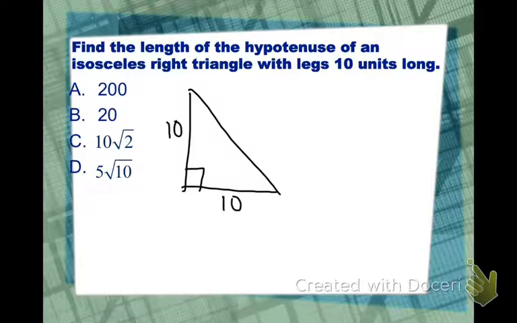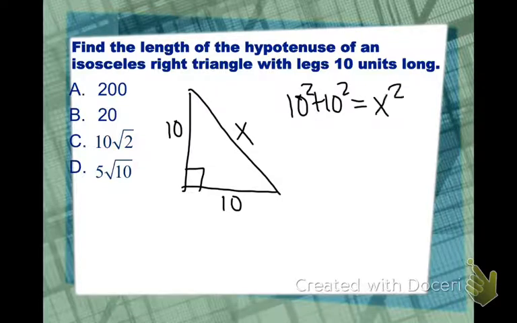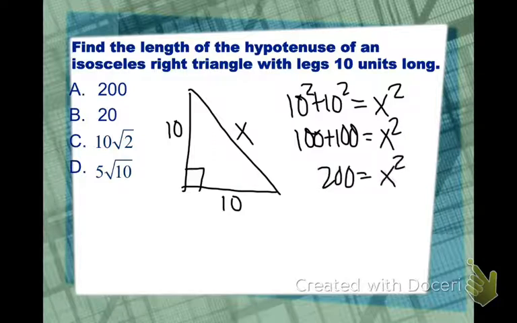So here are your legs, here's your hypotenuse, we don't know what it is. Now 10 squared plus 10 squared is going to equal x squared. So what we're doing is we're adding the squares of the two legs. So this is actually 100 plus 100 equals x squared.